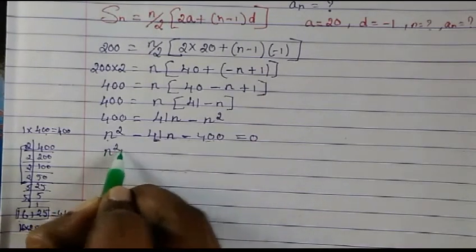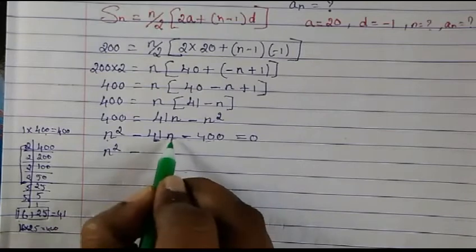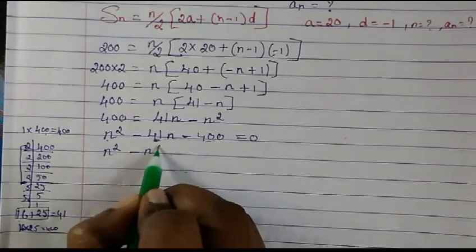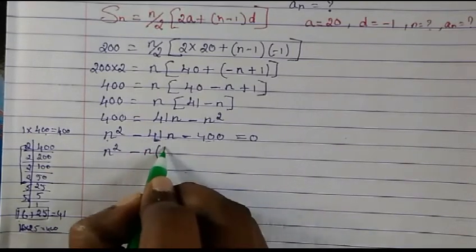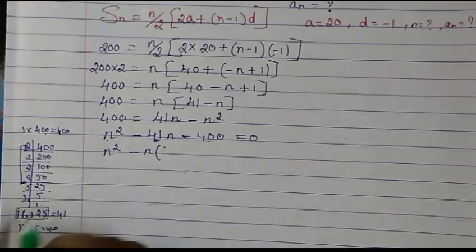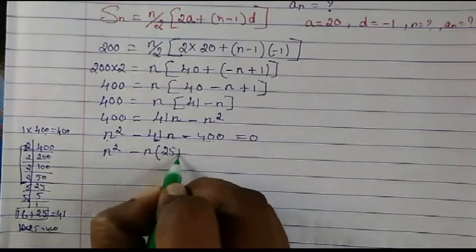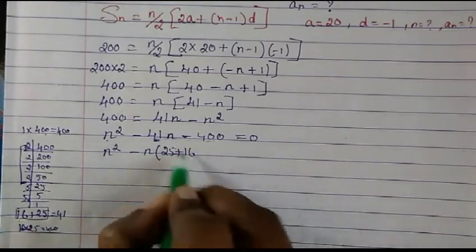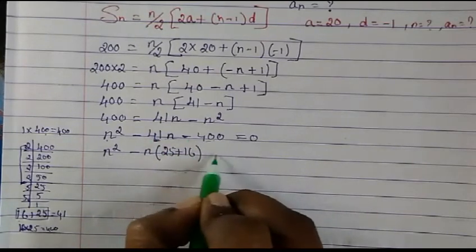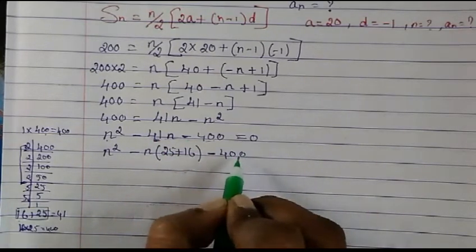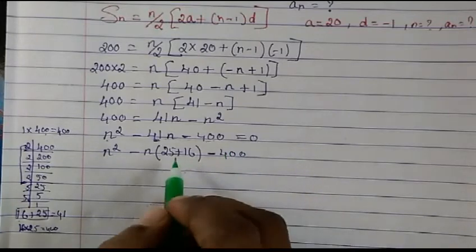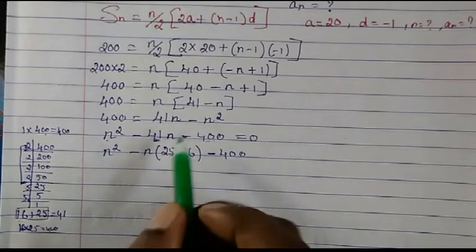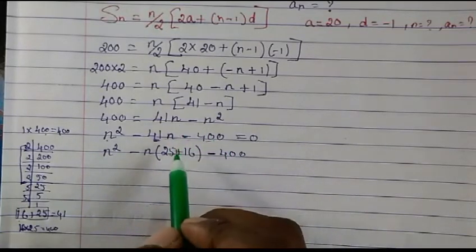So n square, this minus here only, this n also let it be here. Instead of 41 we will write 16 plus 25, or whatever you want to write, either 25 plus 16 or 16 plus 25. This is the pair we are getting for 41. This minus here and then 400.